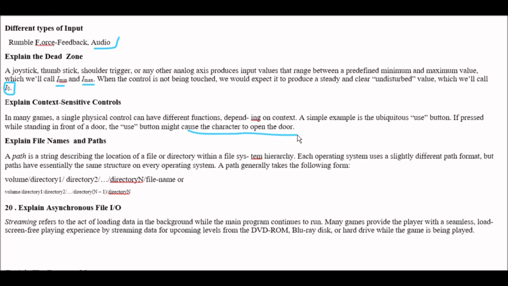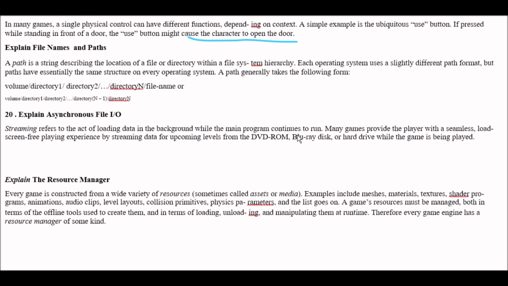Next question. Explain file names and paths. Answer: a path is a string that describes the location of a file or directory within a file system hierarchy. Each operating system uses a slightly different path format, but a path has essentially the same structure on every operating system.